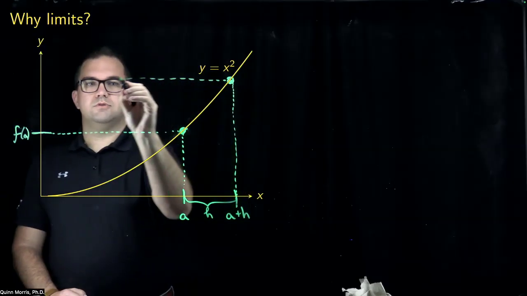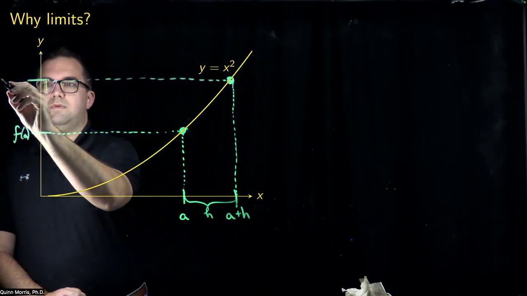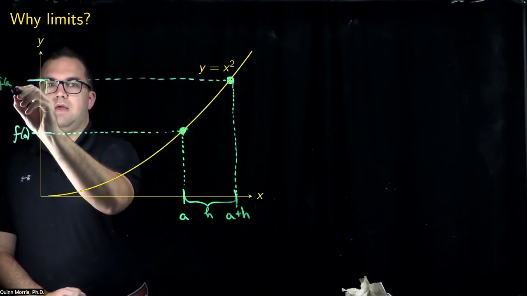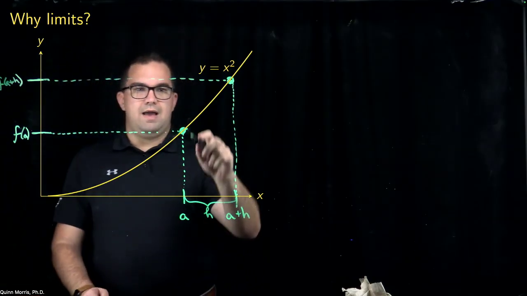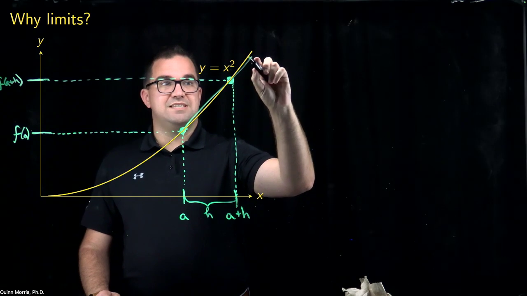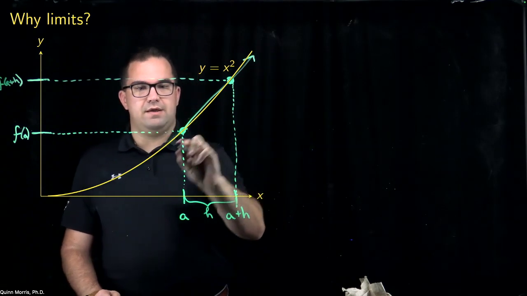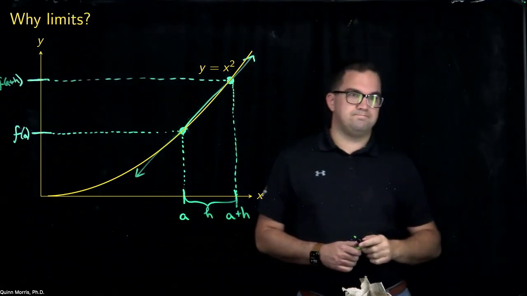This takes us across to some other function value. This would be f of a plus h. And now I have 2 points. I can define the slope of this, which we would call a secant line, between these 2 points.